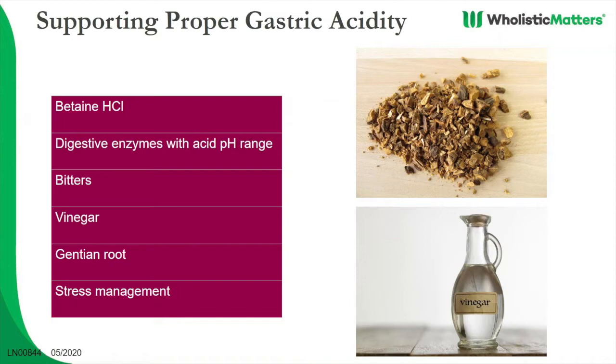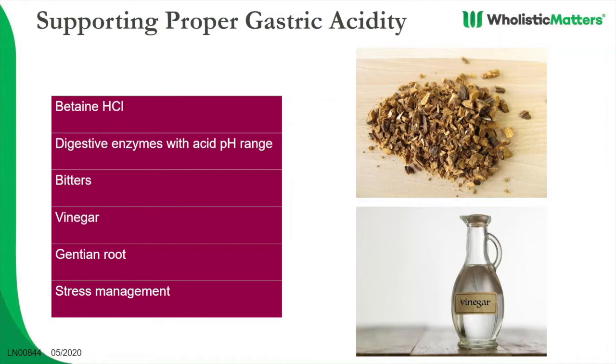Digestive enzymes that work within a particular pH range are important to think about. Then bitters, so altering or certain bitters, a lot of the plant components that contain these bitter molecules. Vinegar, simply delivering a lot of this low pH. Gentian root, one particular herb that has showcased a lot of positive effects on this gastric acidity, as well as just stress management.